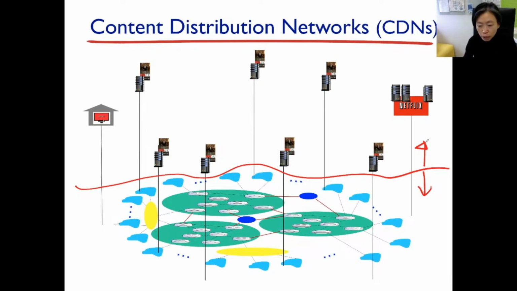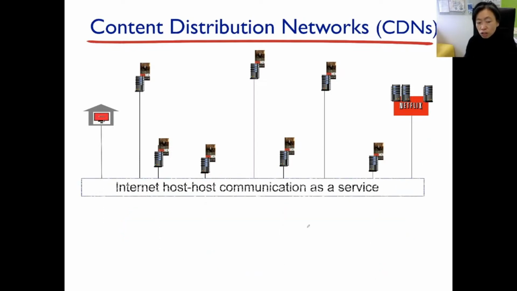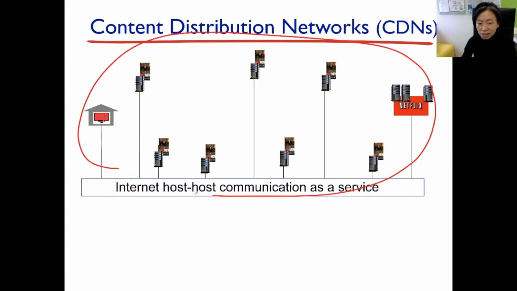We abstract away the infrastructure here using just a channel. So you see, high up, this is a network. And a CDN, you can think of it as a service provided to the content provider such that we enable end-to-end or host-to-host communication. So it works like there's a network at the application layer.